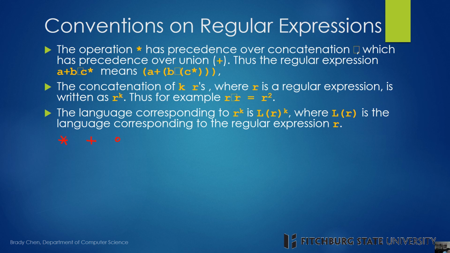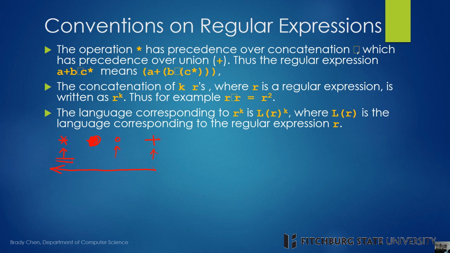Based on the convention, the operation asterisk or star has precedence over concatenation, which has precedence over union. So basically, I'm taking it wrong. The star is actually the highest one, the next one is concatenation, and then the union. That's the precedence.